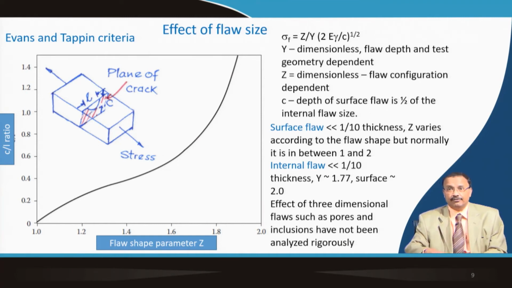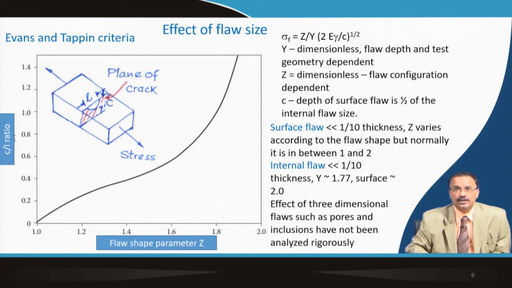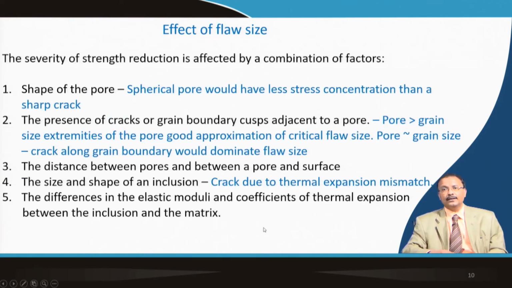Three-dimensional defects like pores, voids or inclusions have not been rigorously analyzed to see their effect on the strength of the ceramic material. The severity of the strength reduction is actually affected by a combination of factors.